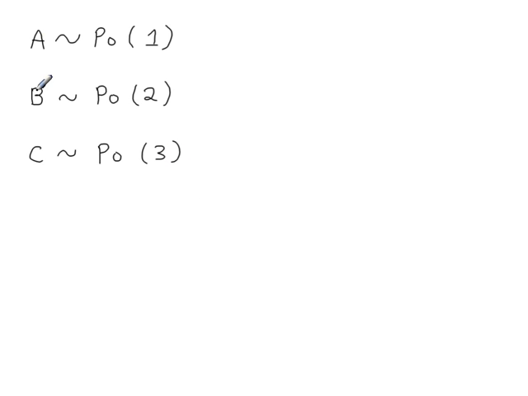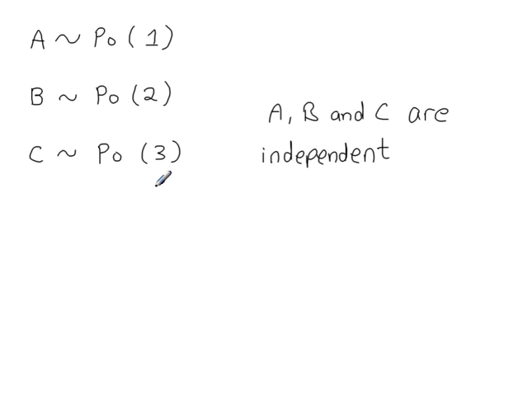Now A, B and C are independent Poisson distributions. If A, B and C are independent, then what you can do is add the values of lambda together.